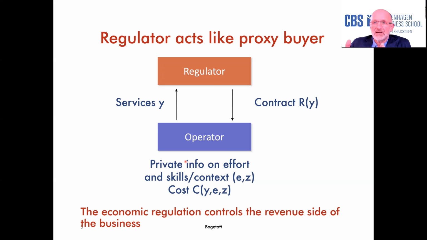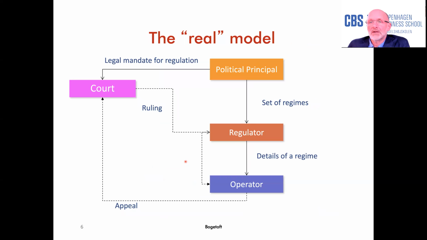What the regulator then does is to try to control his behavior by manipulating the payments that he gives him. Normally he doesn't give them directly. He basically gives the companies, the natural monopolies, a right to charge the consumers a certain amount of money. Now, in reality, it's a little bit more complicated than just the regulator-operator relationship, because the political system decides on what kind of regulations the regulator should use.